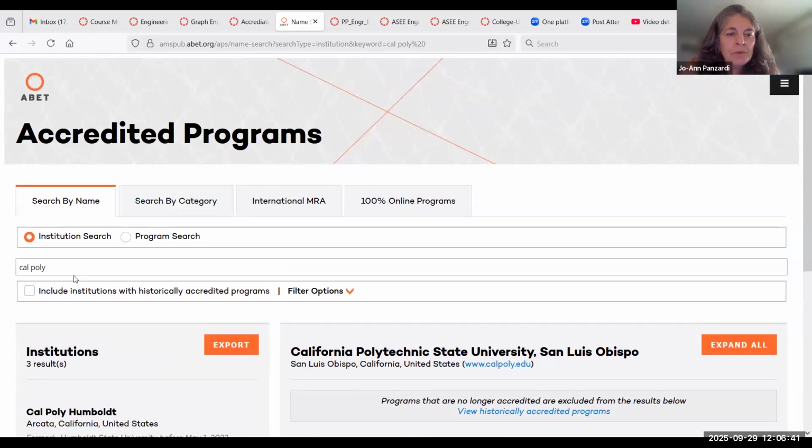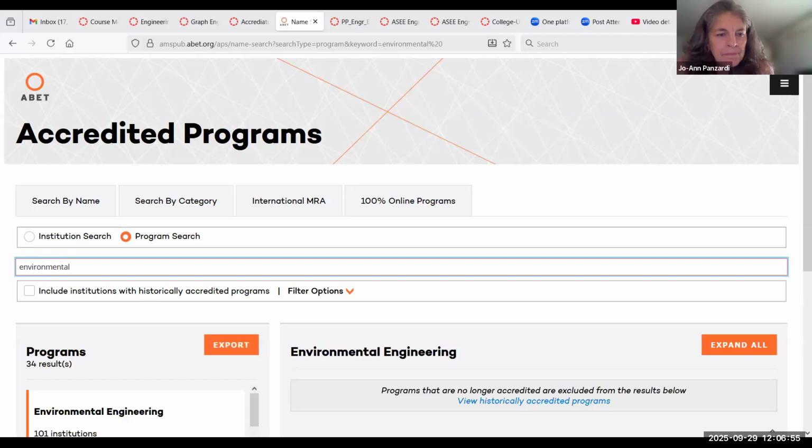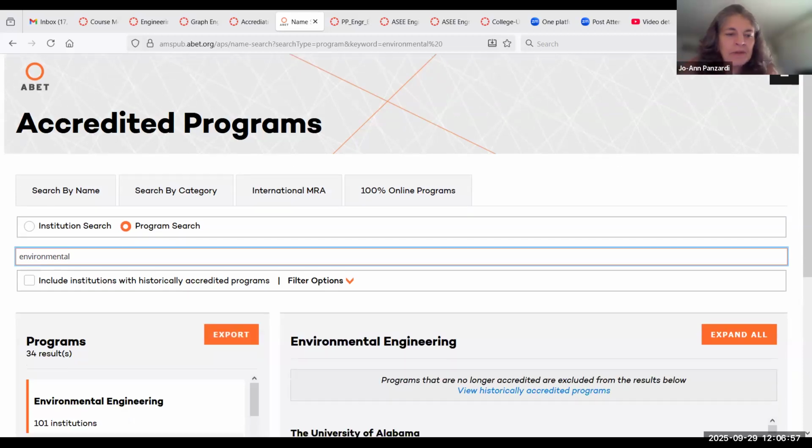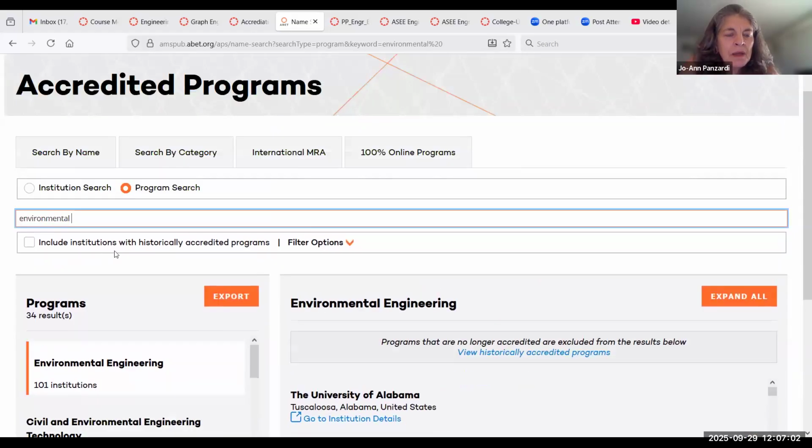So often we have students who are majoring in environmental engineering. So instead of doing an institution search, let's try a program search. And let's type in environmental engineering. I probably don't even have to type it. Let's look. Okay, so let's just do it.